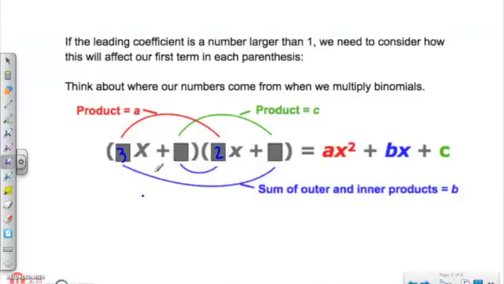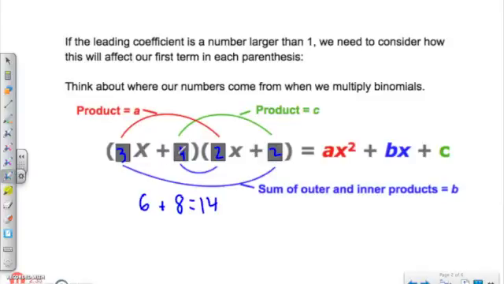For example, if I put a 4 here and a 2 here, and I multiplied this out, 3 times 2 would give me a 6, and 4 times 2 would give me an 8. This sum of 14 would be a lot different than if I switched the 4 and the 2.